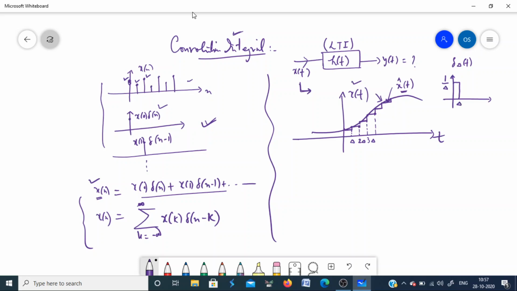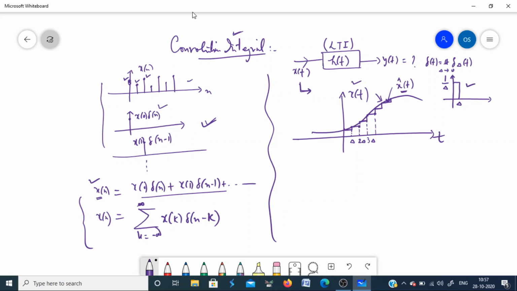The area is 1. And delta(t), the ideal impulse, was the limiting case of this pulse when delta approaches 0. Now how can I express the staircase function in terms of this pulse?